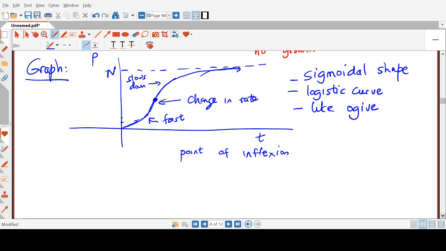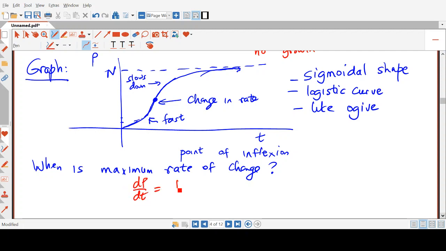I just want to say, the last question is, when is the maximum rate of change? We've got dP/dt is kP times (1 minus P over N).